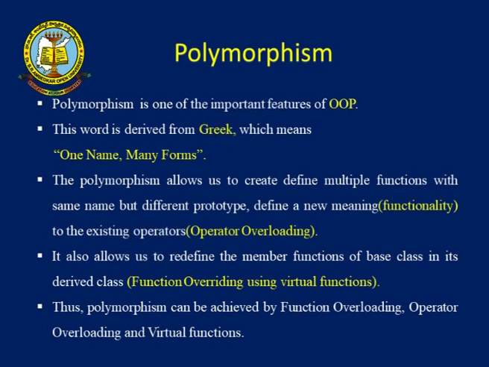So as I said, an ability to be in many forms means we can create a function which can play multiple roles, and we can also create operators which can play different roles in different cases.